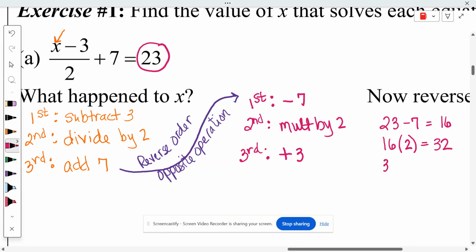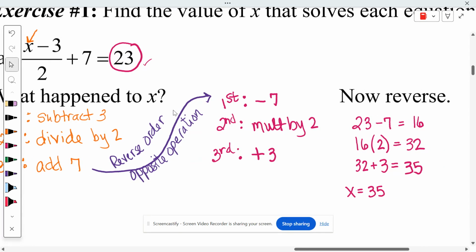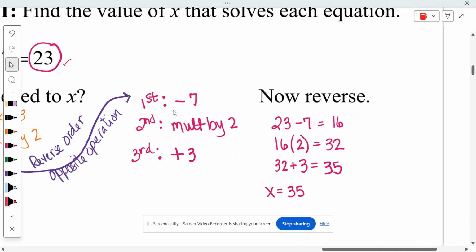And then we're going to take that 32 and add 3. That means that x is actually 35. X equals 35. Because all of these operations done to x equal 23. So that's what we start with.